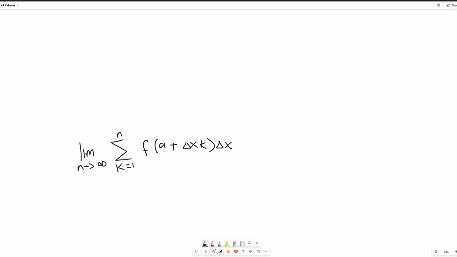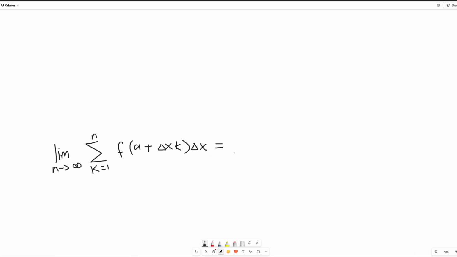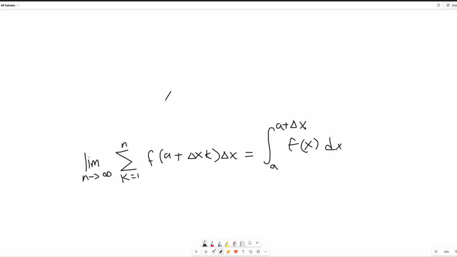So what this is, is the integral from a to a plus delta x of f of x dx. So this delta x is actually whatever your delta x is over n.